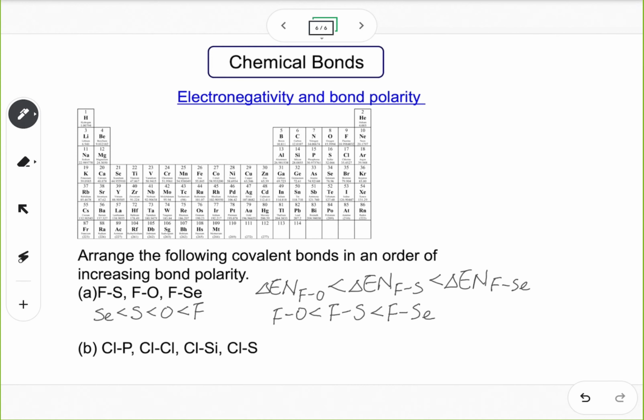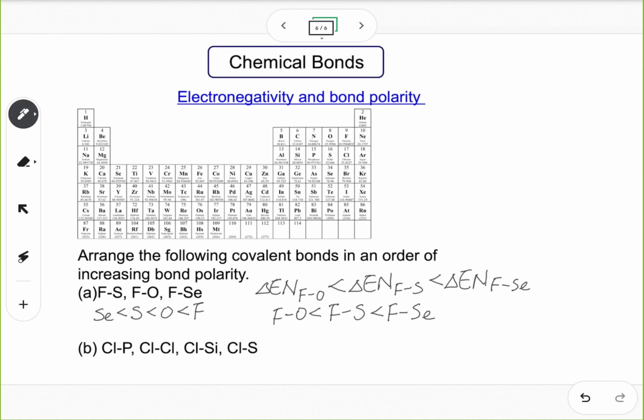Example B. You have the elements chlorine, phosphorus, silicon, and sulfur. If you take a look at the positions of those elements, chlorine, sulfur, phosphorus, and silicon, remember across each period from left to right, electronegativity increases.